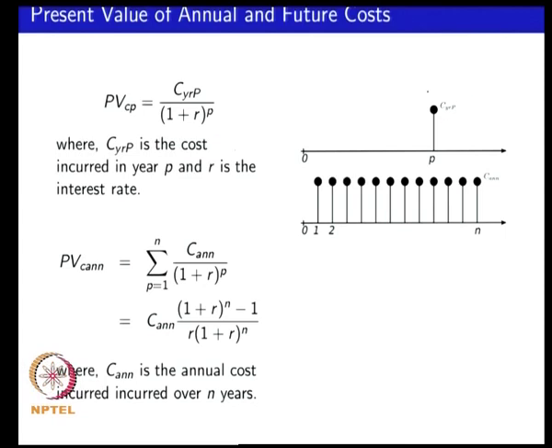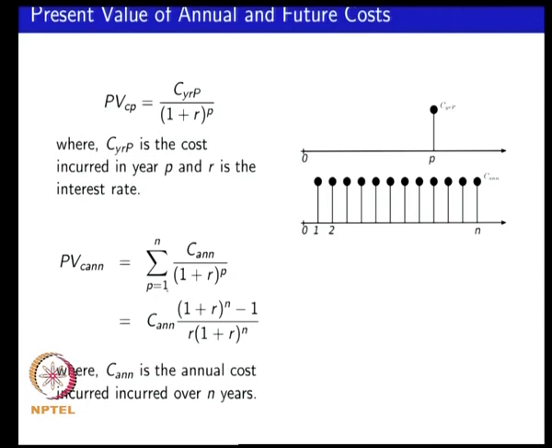So if you have a cost C of P in year P, and you want to reflect it to the present, you just have to divide it by (1+R) to the power of P. And if you have an annualized cost, where every year you have an equal cost of CANN, and you assume that this is going to operate for n years, you can reflect the first year's cost as CANN by (1+R), the second year's by (1+R) square.